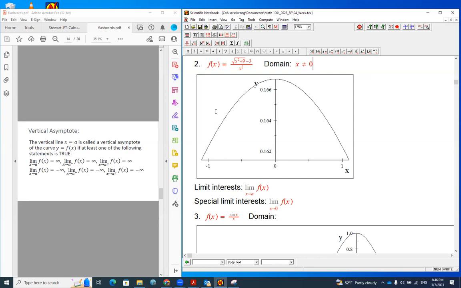And then this is the graph. And what is the limit we're interested in? If we're interested in the limit at any number other than 0, we could just do direct substitution if a is not 0. In a lot of places you can do direct substitution, if a is not 0, which is not in the domain.